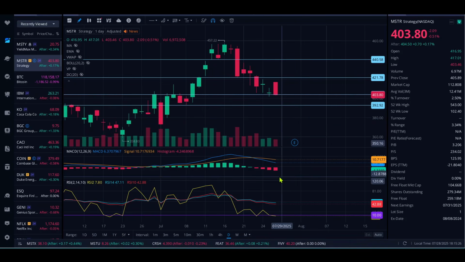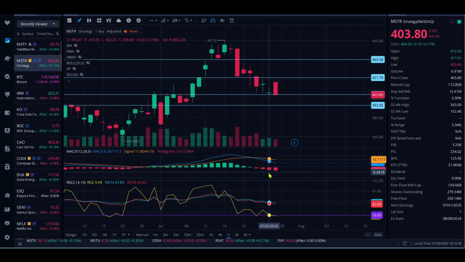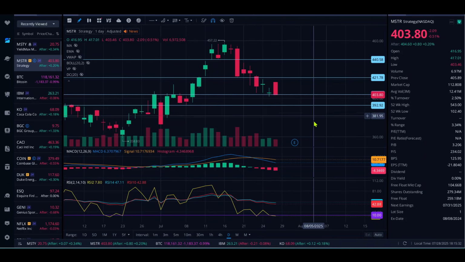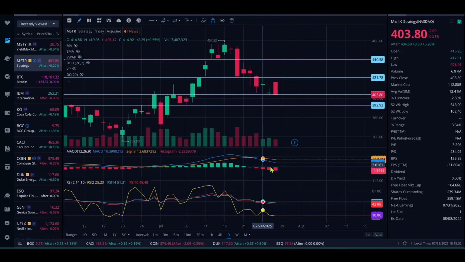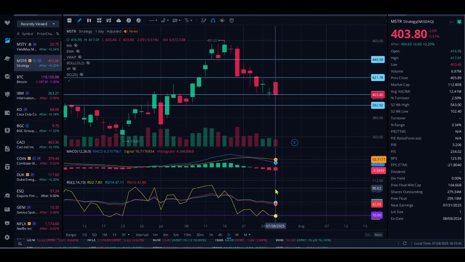Now we do see that the momentum bars here are increasing. So this price is being pulled on back down. We do have more separation here on the downside, and that RSI 14 is still going down slightly, right?